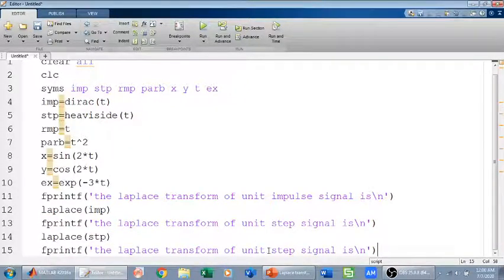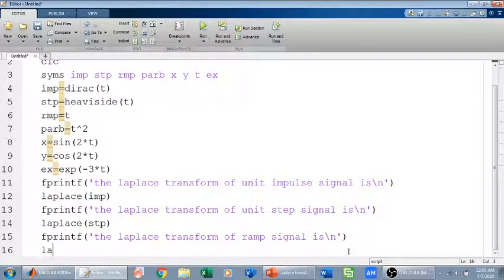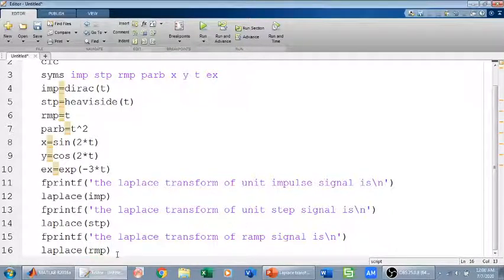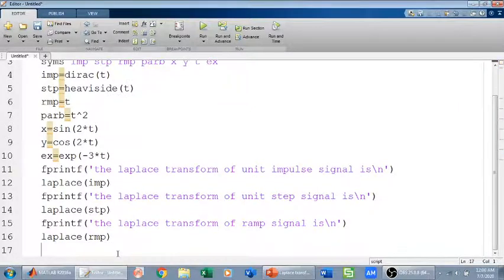Laplace transform of, for example, ramp signal, which is the Laplace of RMP. Ramp is defined as RMP. So I will write Laplace of RMP. I want to take the Laplace transform of RMP. Similarly, the parabolic, I can say Laplace of PARB. Parabolic is defined as PARB.